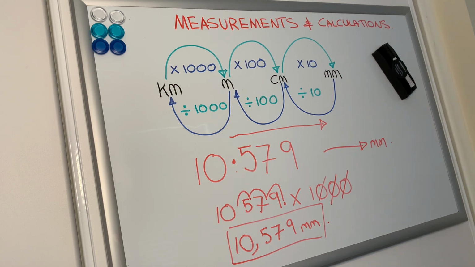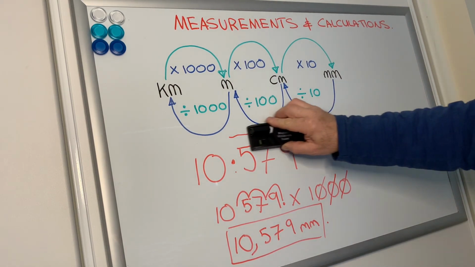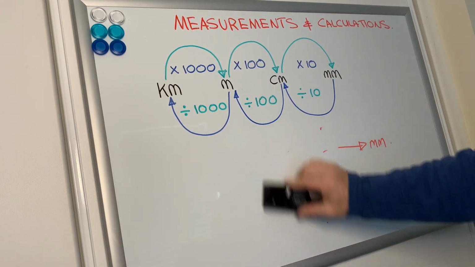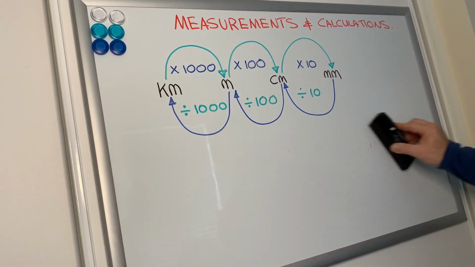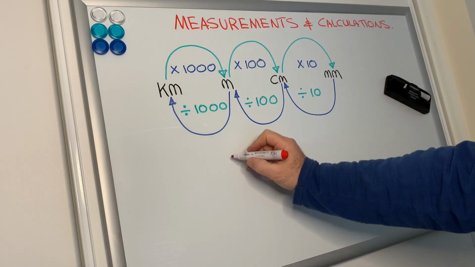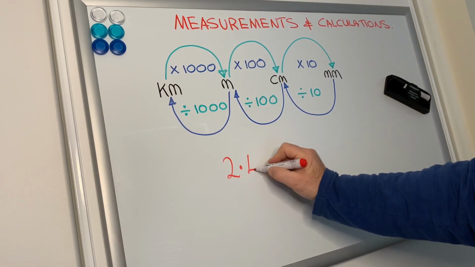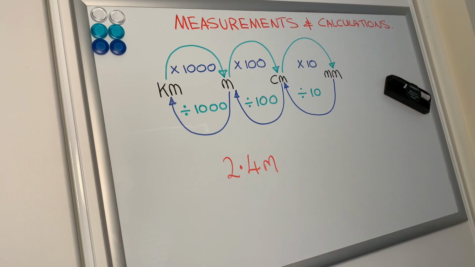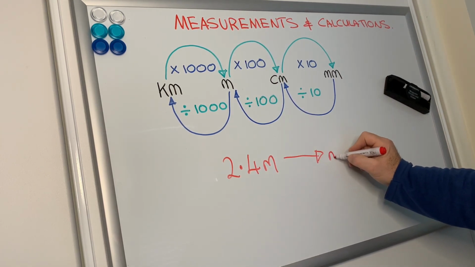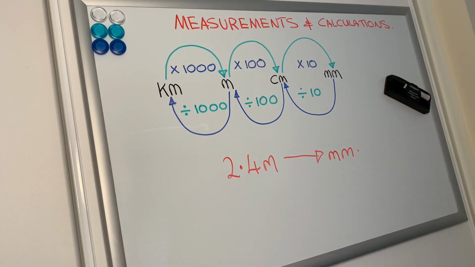Let's say we had 2.4 meters into millimeters. Okay, so 2.4 meters into millimeters.